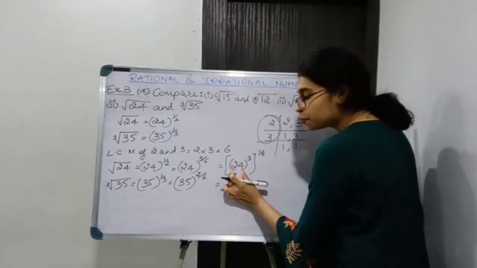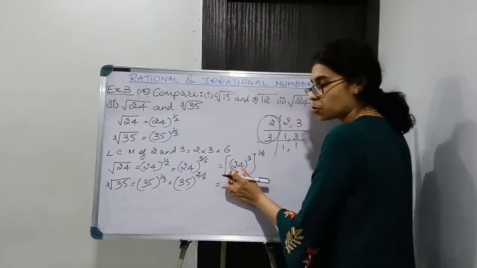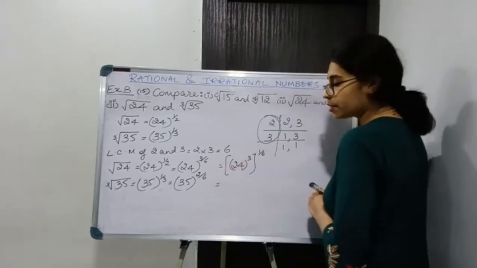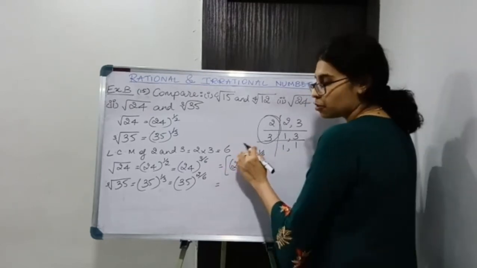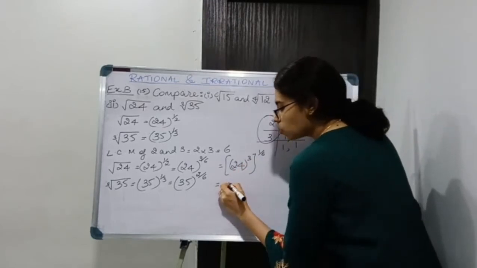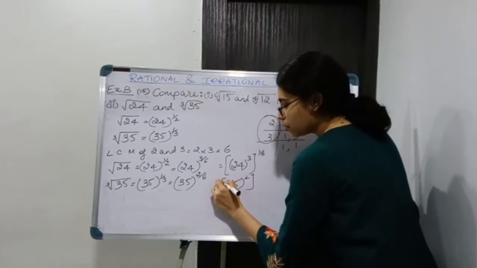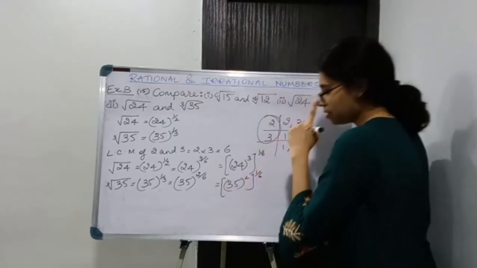Over here you have to put the brackets because there are two numbers over here. So make sure that you put brackets and then you put the power over here. Now over here I'll get 35 square raised to 1 by 6.